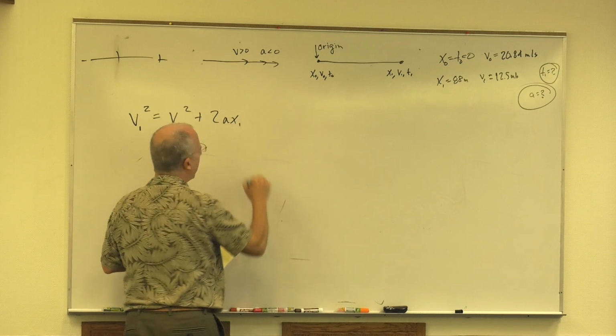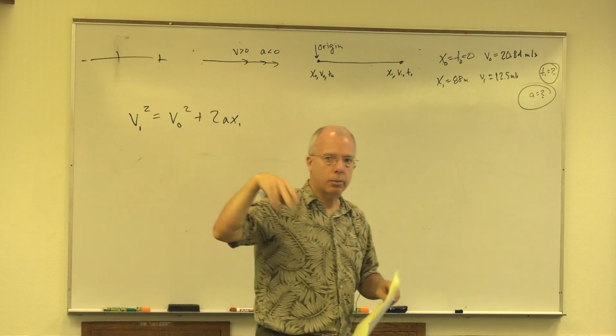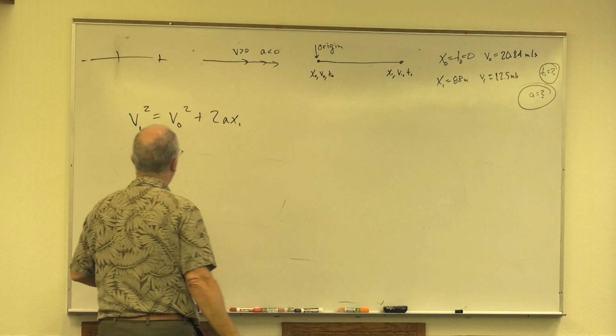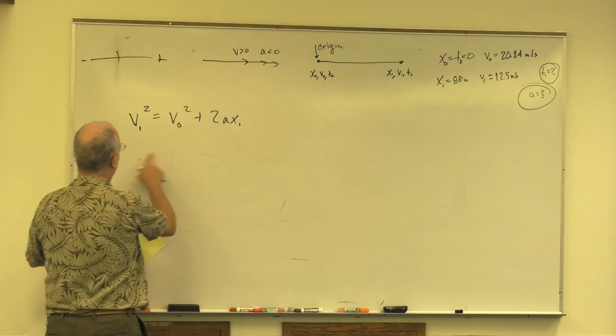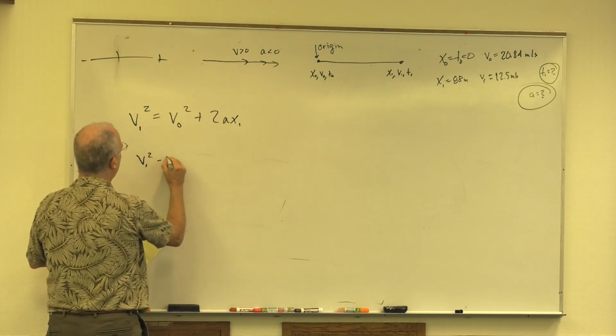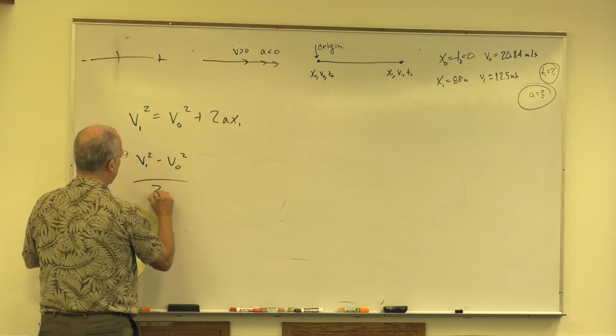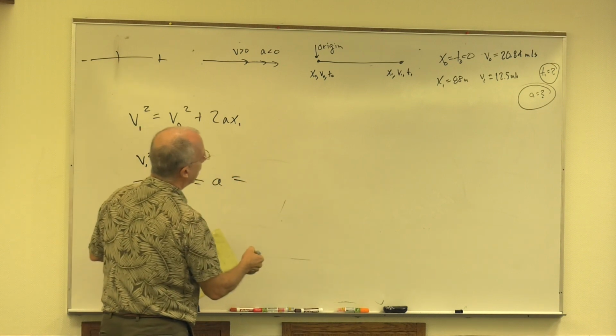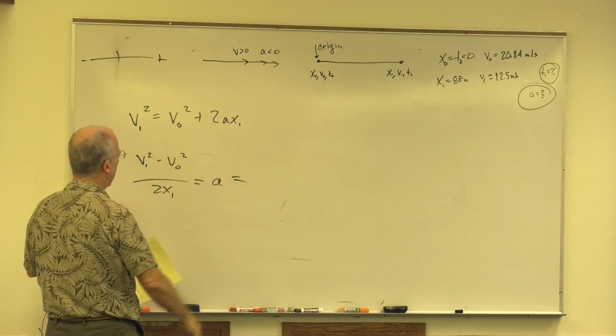So start doing stuff in your head. You don't have to do so much writing. What do we want? We want A. Well, awesome, just do it. So V1 squared minus V0 squared over 2x1 equals A. Nothing cancels, but that's okay.